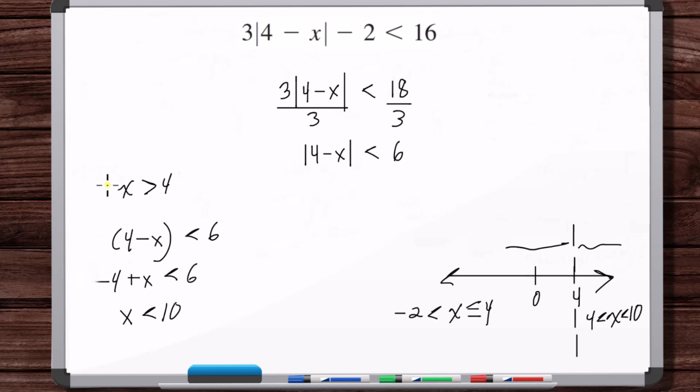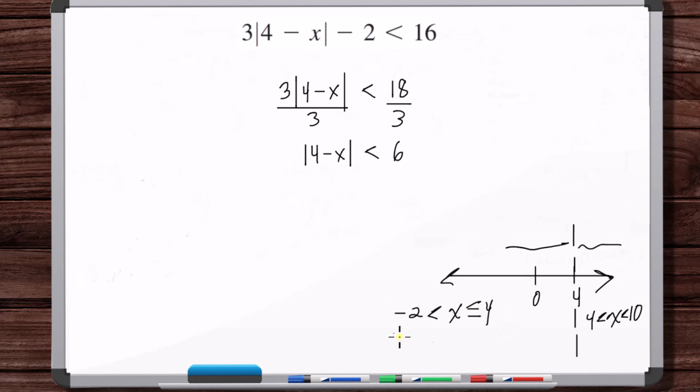Now all we need to do for the final answer is this: we know that all of these are the answers. So really it's this or this that are the answers. Now we just need to apply an "or" compound inequality to these two. Maybe we can condense this down.